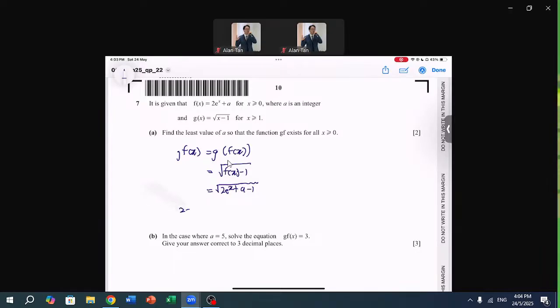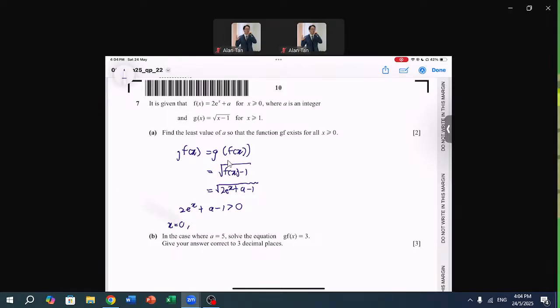This must always be more than 0. For x more than 0, the minimum value of x is 0, so the expression is 2e^0 plus a minus 1.